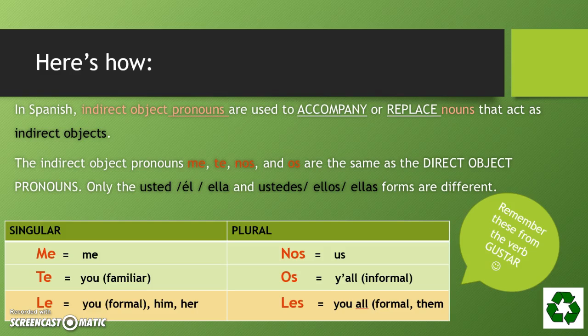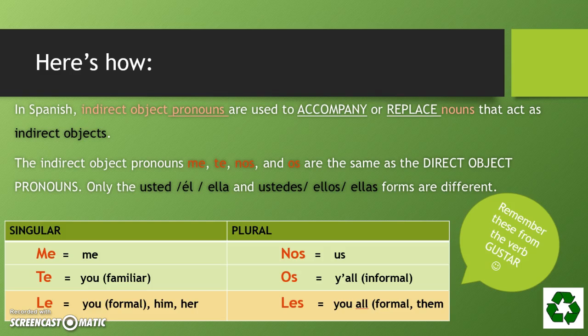The top four are actually the exact same thing as we saw in the previous video over direct object pronouns. The only difference here is since we're answering the question to whom or for whom, and we're not really replacing nouns that are objects, we're more talking about people here, we're going to notice a small change in the usted, el, ella form and the ustedes, ellos, ellas forms, as they're a little bit different.